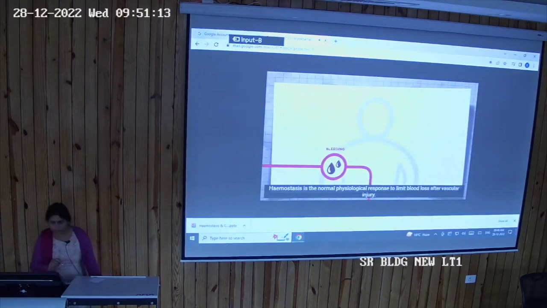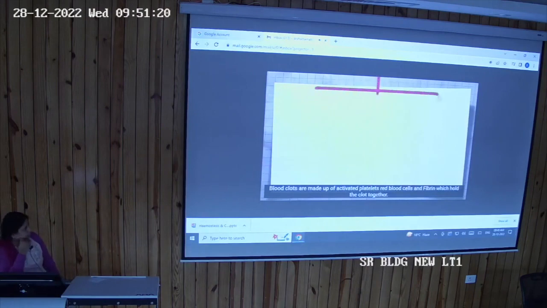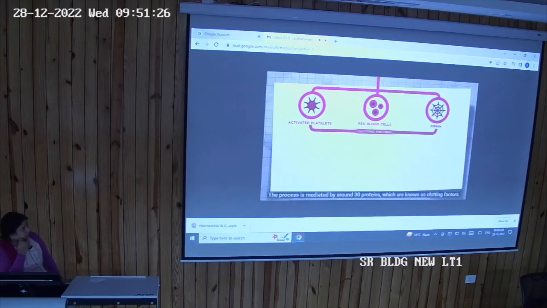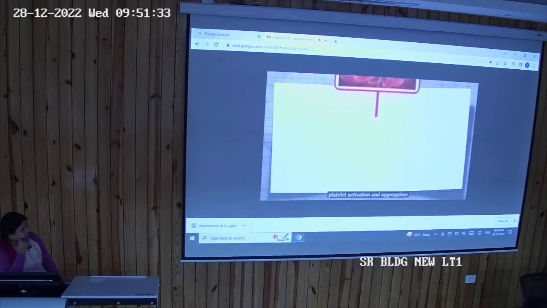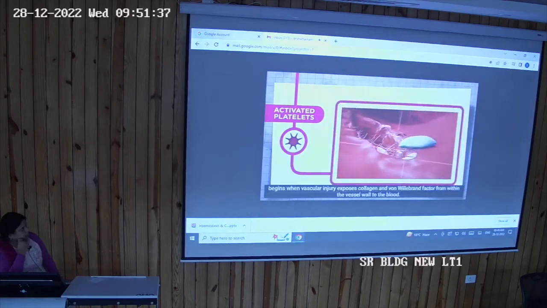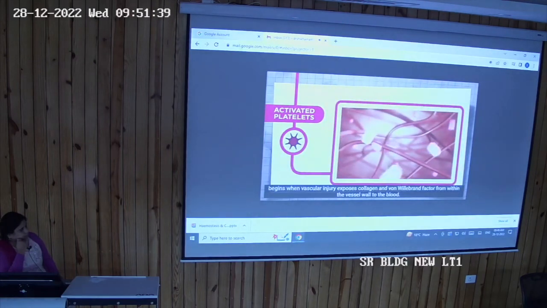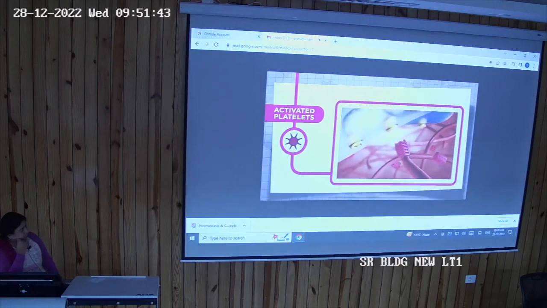Hemostasis is the normal physiological response to limit blood loss after vascular injury. Blood clots are made up of activated platelets, red blood cells and fibrin, which hold the clot together. The process is mediated by around 30 proteins, which are known as clotting factors. Platelet activation and aggregation begins when vascular injury exposes collagen and von Willebrand factor from within the vessel wall to the blood.